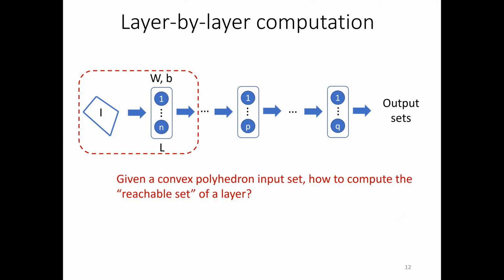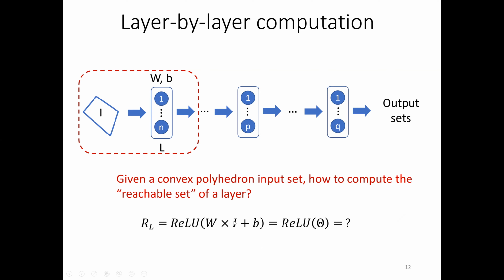And that layer might have n neurons. To do that, we need to compute the input to these neurons using the weight matrix and the bias vector of that layer.